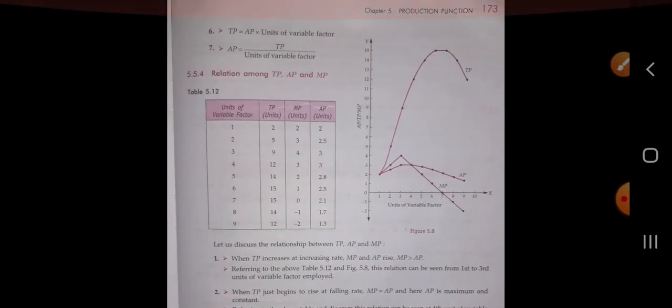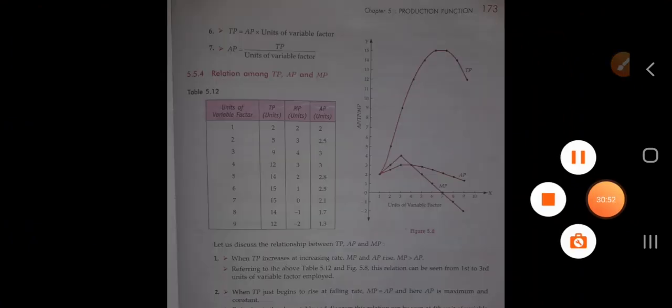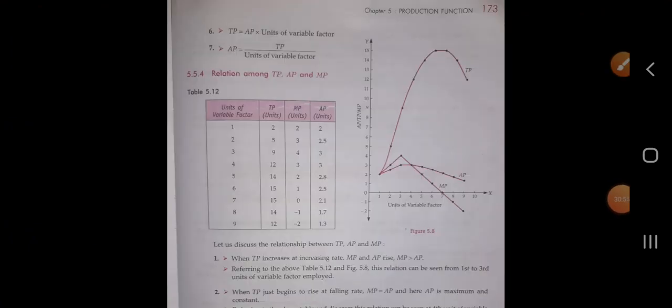The values of MP and AP can be calculated from the TP, that is MP equals TPn minus TPn minus 1 and AP equals TP upon the unit, or X or Q. When we have to calculate the TP, it is equal to the AP into units of the variable factor, and when we have to calculate the AP, TP is divided by the units of the variable factor. Okay, it's all about today's class. We will continue further in the next class.